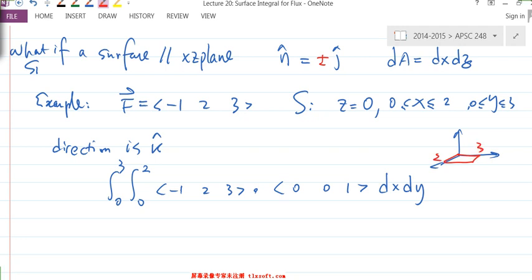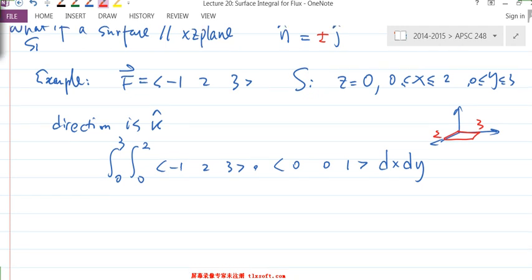This is the surface in the xy plane, and you have a constant vector field. How much of that field goes through this rectangular patch in unit time? You can calculate this, and it is equal to 18. So all good?